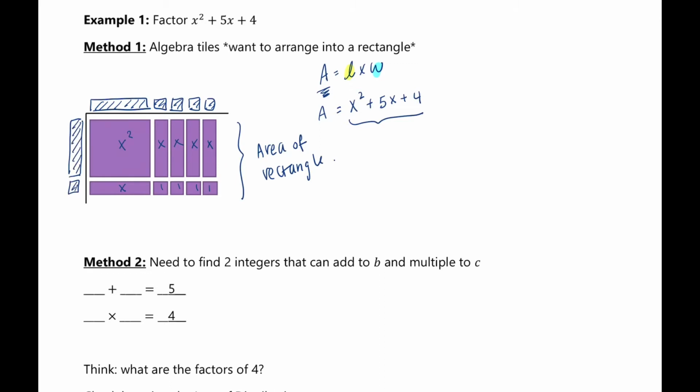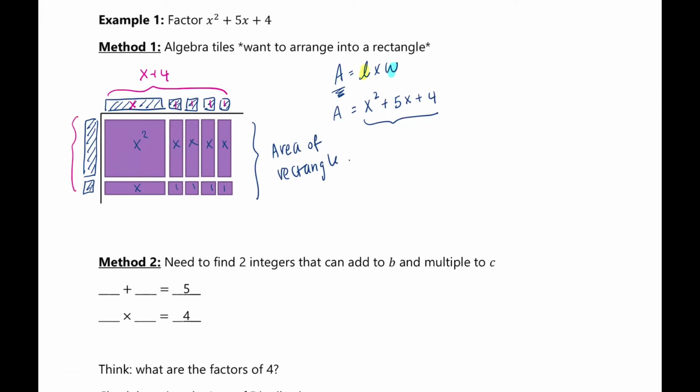Next step would be to find what these horizontal bars represent. We have one x bar, so x, plus 1, 1, 1, 1. So there's positive 4 bars.